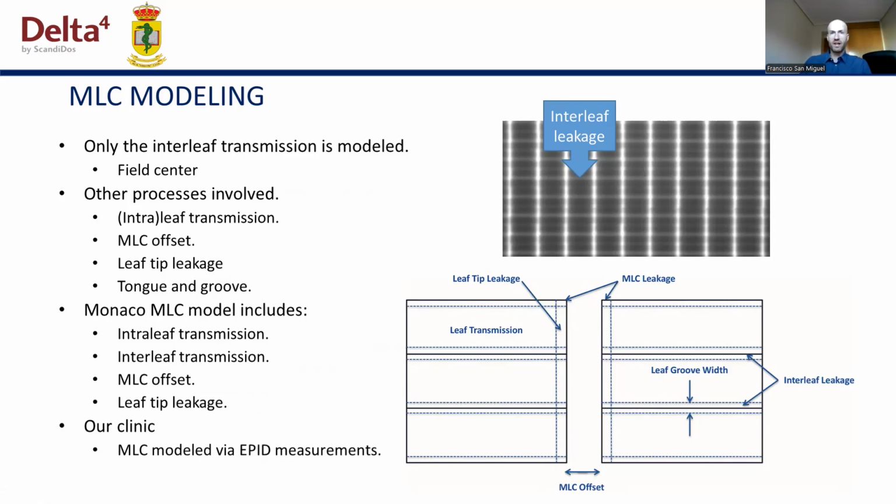In our specific case, Monaco TPS is capable of modeling all the phenomena described except for the tongue and groove effect. This MLC modeling is optional in Monaco, and it is performed using radiation fields specifically designed to evaluate these parameters.